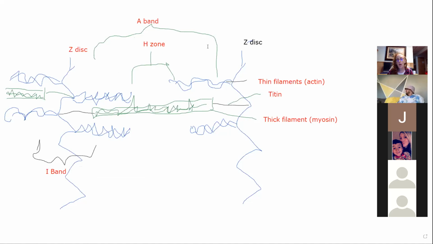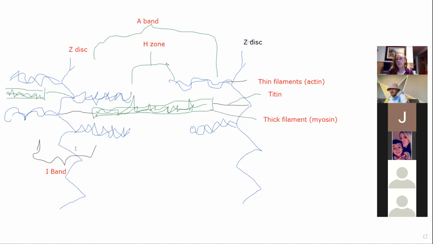So the A band includes the entire thick filament, even when it overlaps with the thin filaments. The H zone is just the thick filaments. The I band is just the thin filaments, and the middle of the I band is the Z disc.